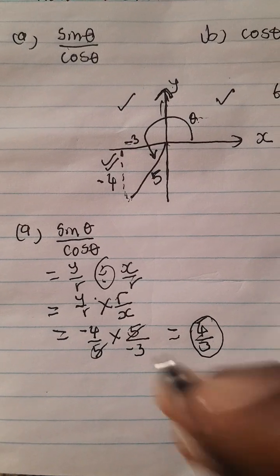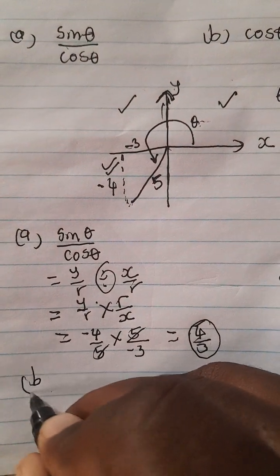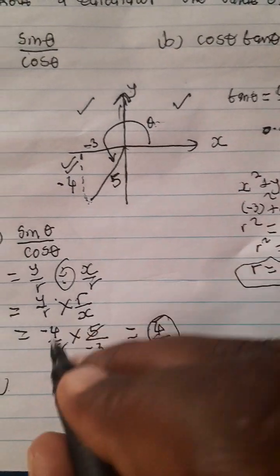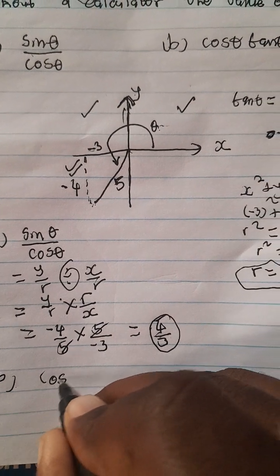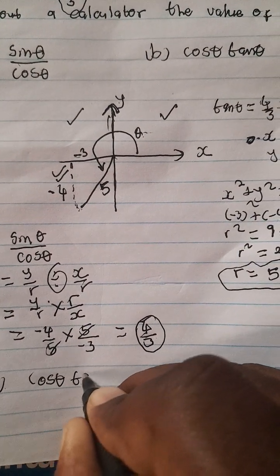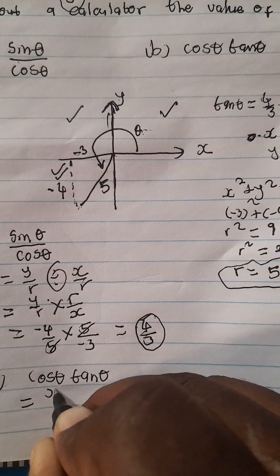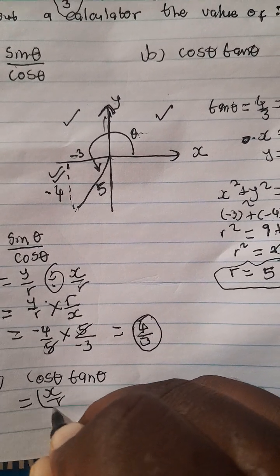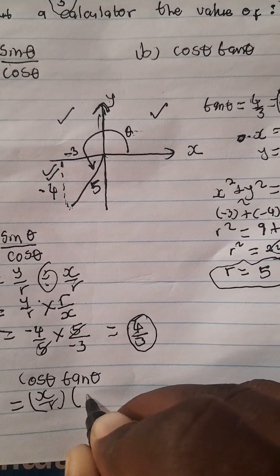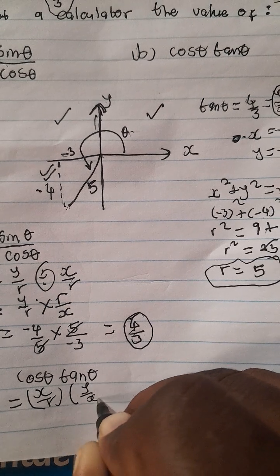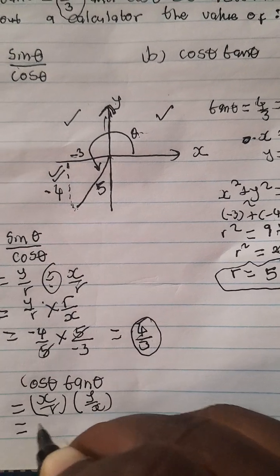So let's go to our last question, which is cos theta and tan theta. Put your trigonometric ratios. This is x all over r multiplied by tan, which is y all over x. And let's place our values there.